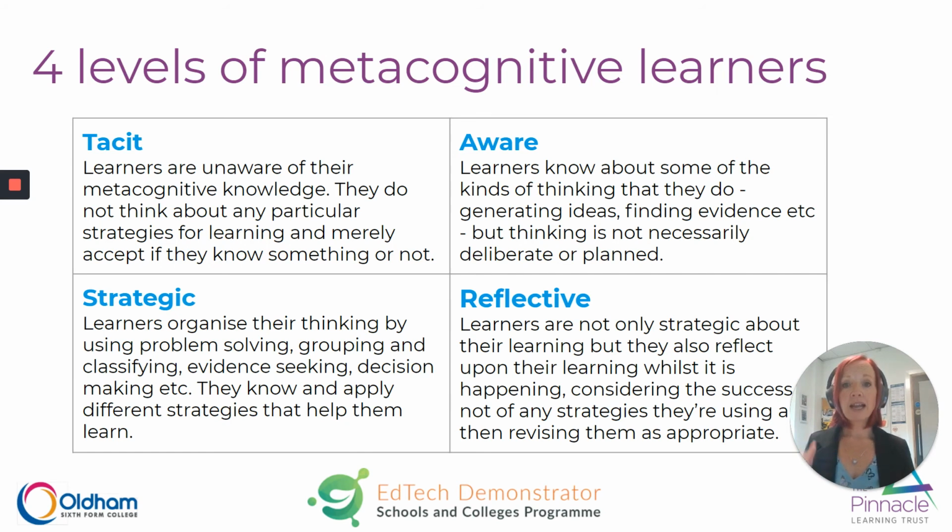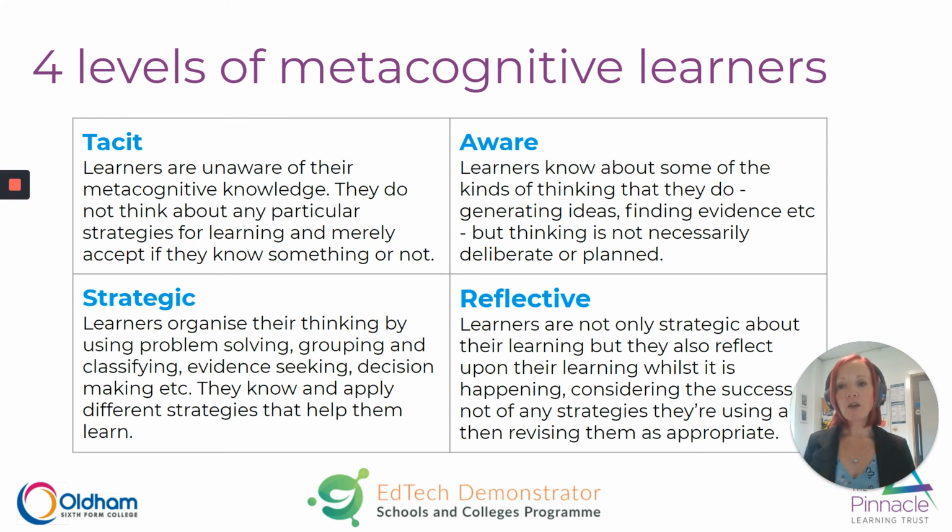Sometimes our very academically able students are the ones that go to pieces under pressure. They get upset when they get things wrong. So they are not actually reflective metacognitive learners. They might be strategic, they might have the right skills, but they can't reflect and do things differently. And sometimes what we would consider our average students are actually more reflective learners because they've learned through failure.